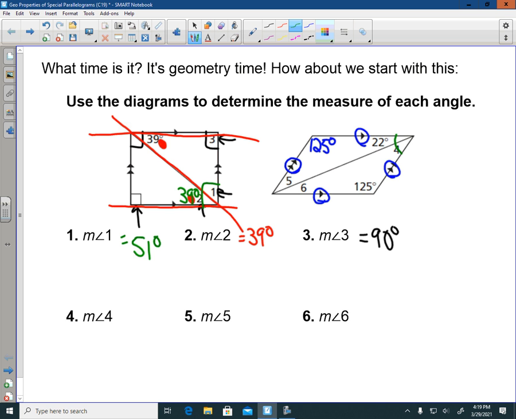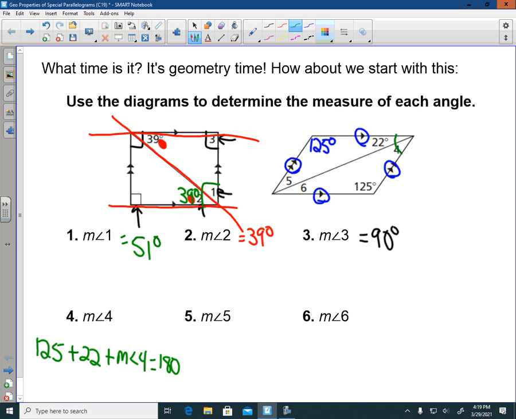In other words, those 2 angles should add to 180 degrees. So if I take 125 and add to that the 22 that's in that angle, and then add the measure of angle 4, which is the other part of that green angle, I should get 180 degrees. Consecutive angles in a parallelogram are supplementary.